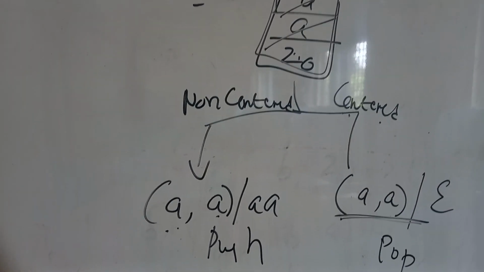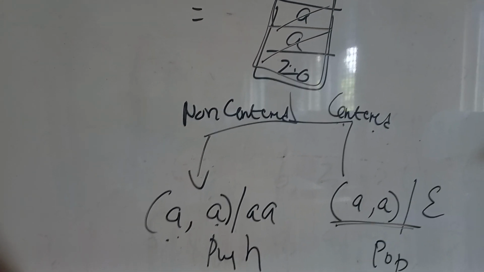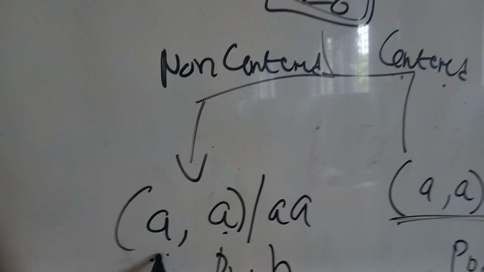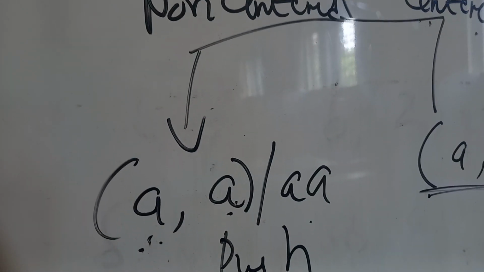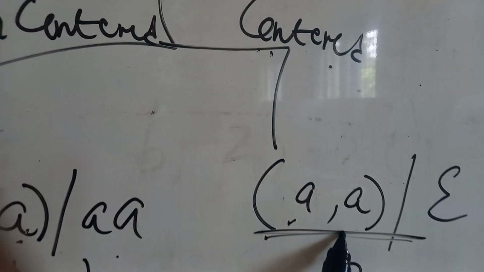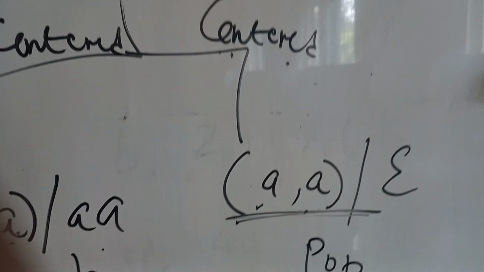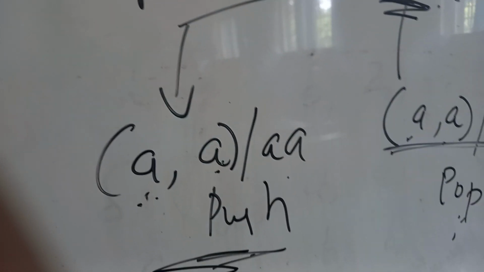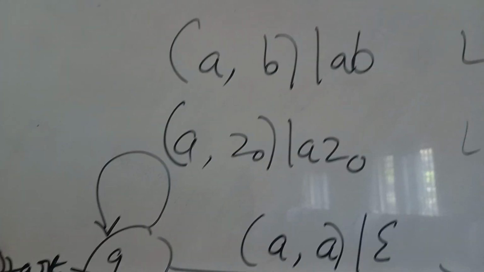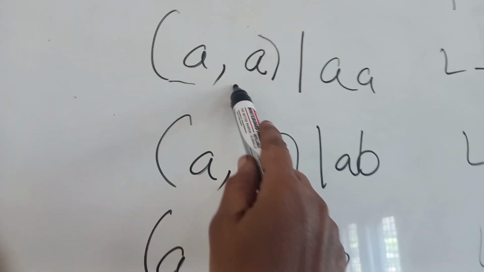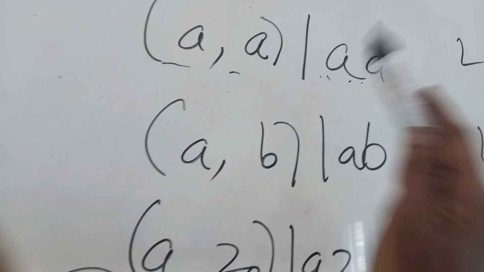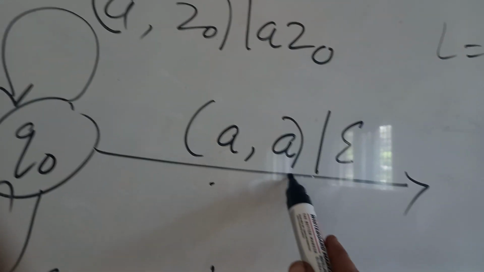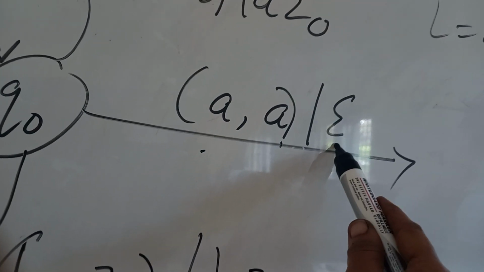In this type of language we don't know the center point, that's why if the input symbol is A and the top of the stack is A, we perform the push operation, and also the pop operation. The pop operation is performed with respect to the center point, and the push operation is performed if it is a non-centered point. That's why in the PDA we have written the two transitions.